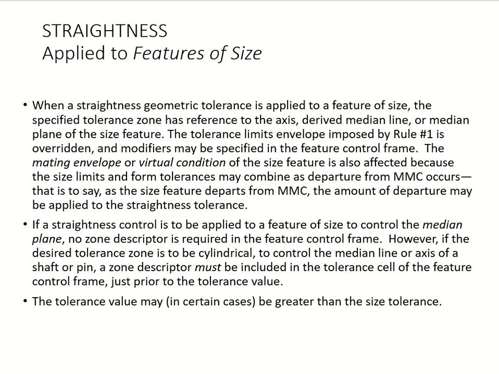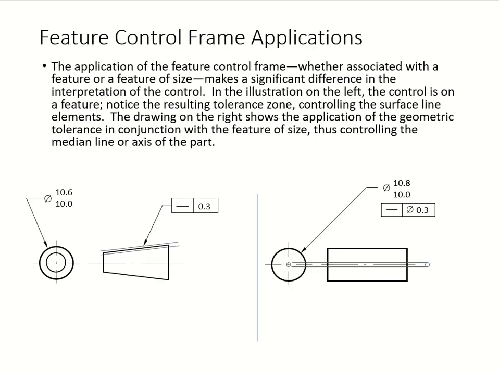Okay, so now let's get into how to apply it to the feature of size. Just read this, and I'll show you each example. If I read it, you're not going to get it. The very first one. So here are two views, and you have your size limit right there, and you have your control, which is your control frame here.